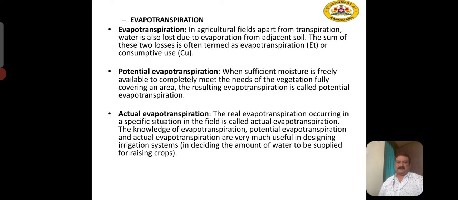Actual evapotranspiration: the real evapotranspiration that occurs in a specific situation, like in the fields. The knowledge of potential evapotranspiration and actual evapotranspiration is very useful in designing of irrigation systems, in deciding the amount of water to be supplied to the raising crops.